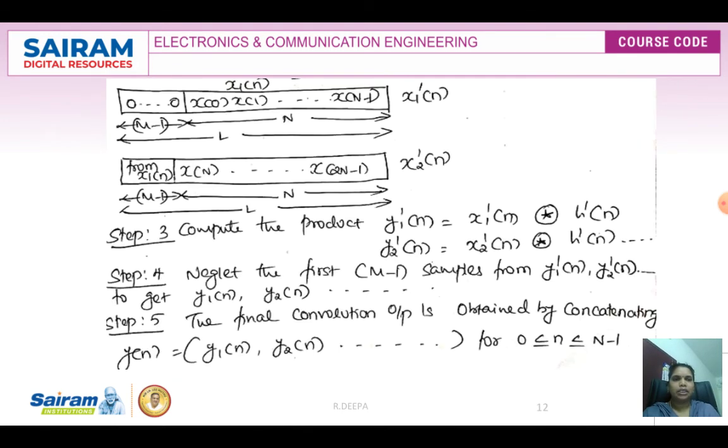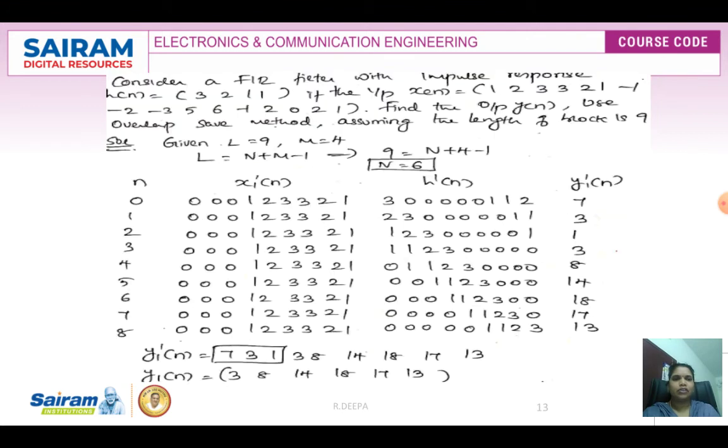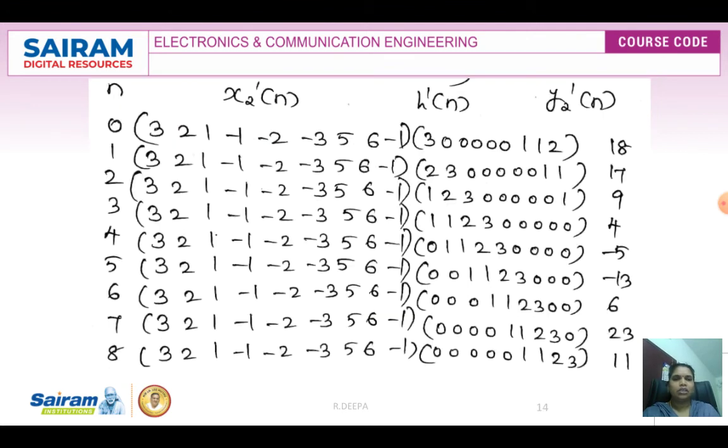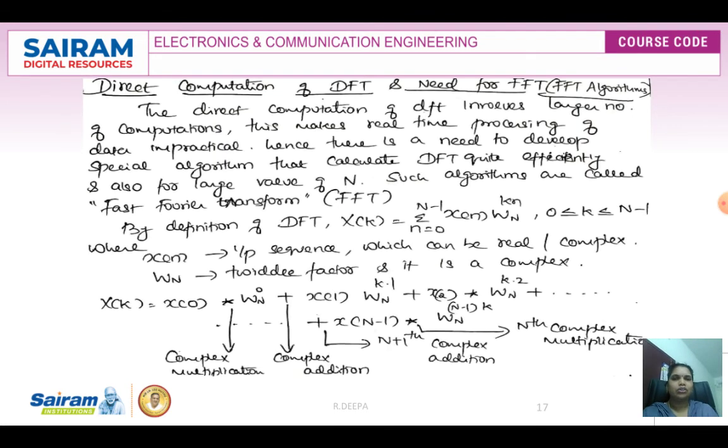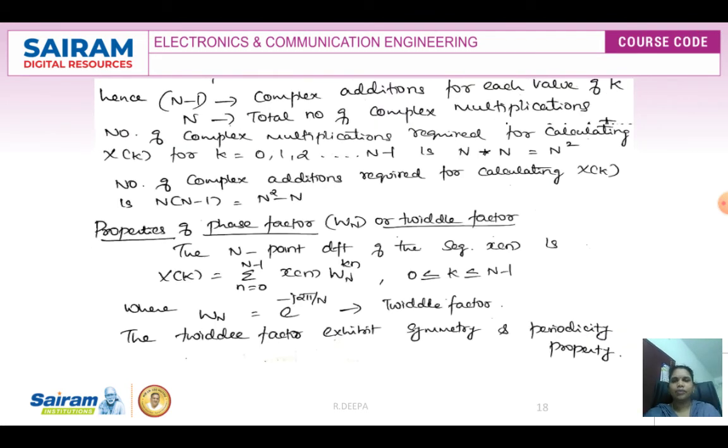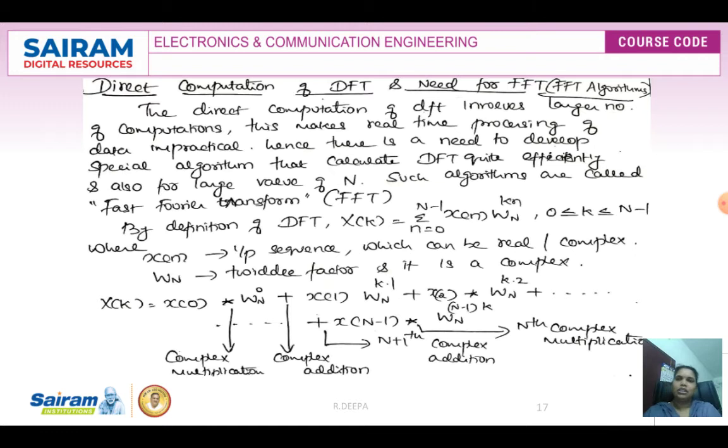So let us compare the direct computation of DFT with the FFT algorithm and find out the number of calculations we are going to do. As I told, there is the direct computation of DFT and the purpose of the FFT algorithm.